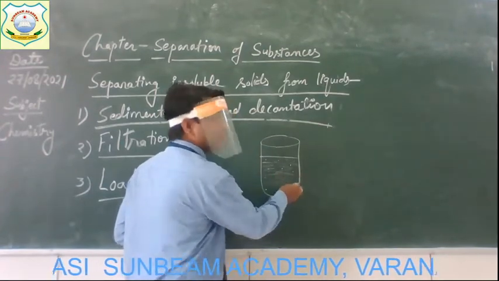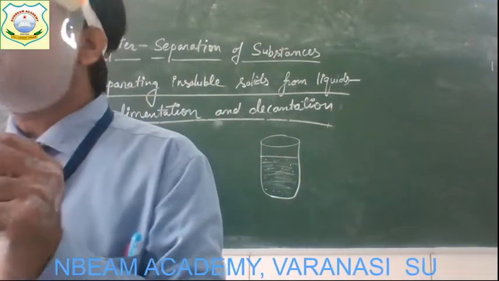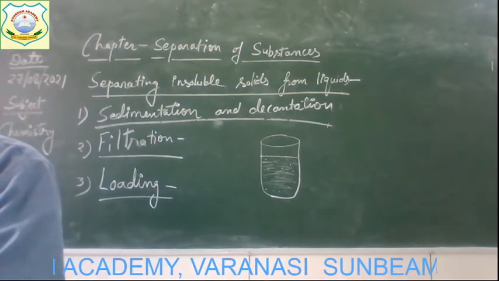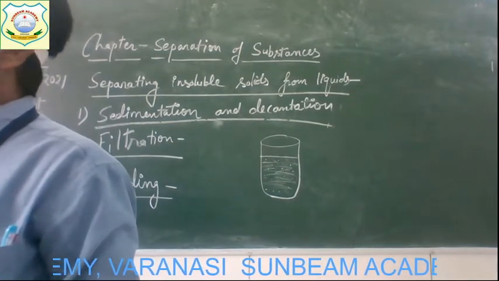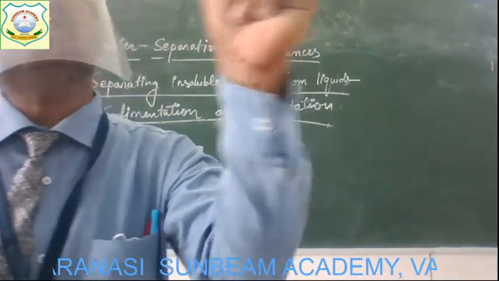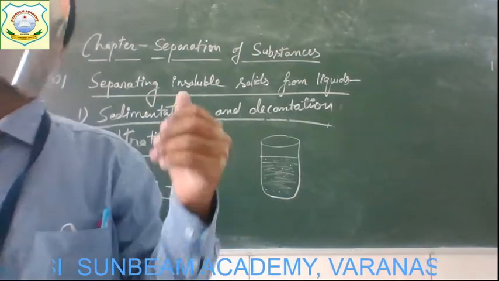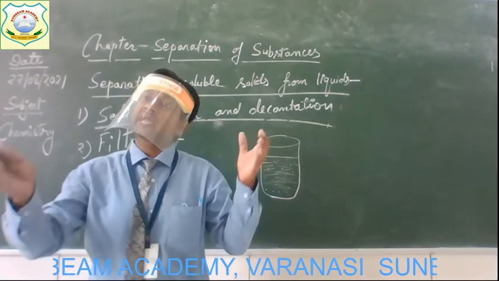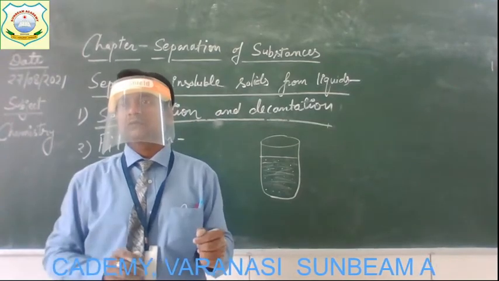So if something is very light in weight, what will happen? Can it settle down at the bottom? No. It cannot settle down. It still moves in the water. It remains in the water. So how can we separate it? And it can also pass through the filter paper because the particles are very, very small. Get it? So we need to increase their weight and size. Then they can easily settle, and we can filter it out.